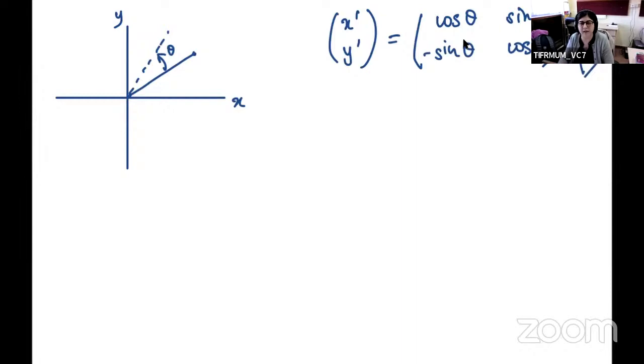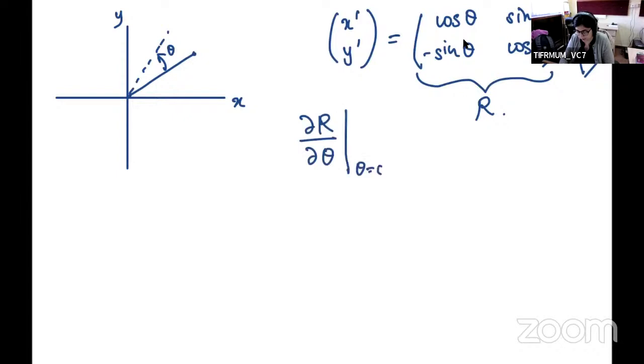If we want to write this in terms of the exponential notation, let me call this guy R. The way you do it is the following. You can just take this as a recipe: take the derivative of R with respect to its parameter, setting the parameter to 0. This gives you 0, 1, minus 1, 0.